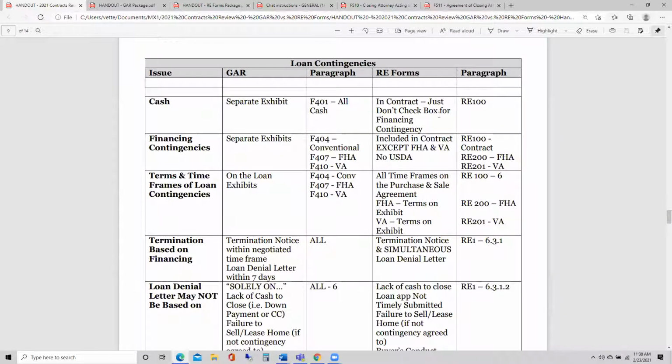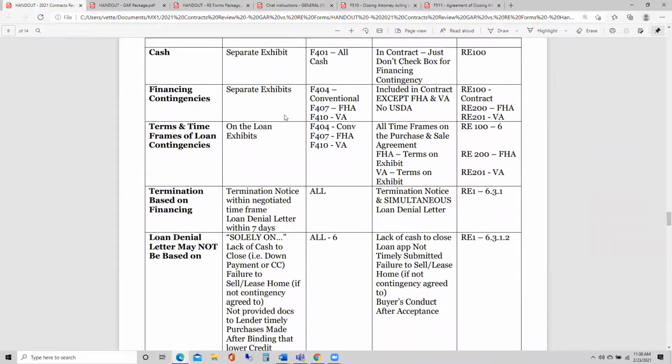All right. Under the financing contingencies themselves, in the GAR contract, if the buyer is making their purchase contingent upon them getting financed through an institutional, third-party lender, you must use a separate exhibit for that.